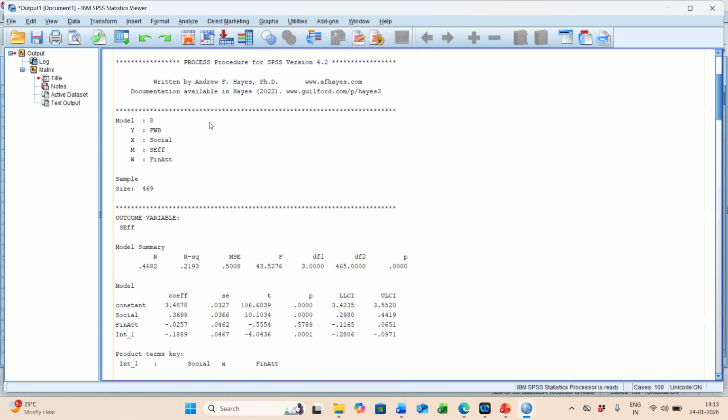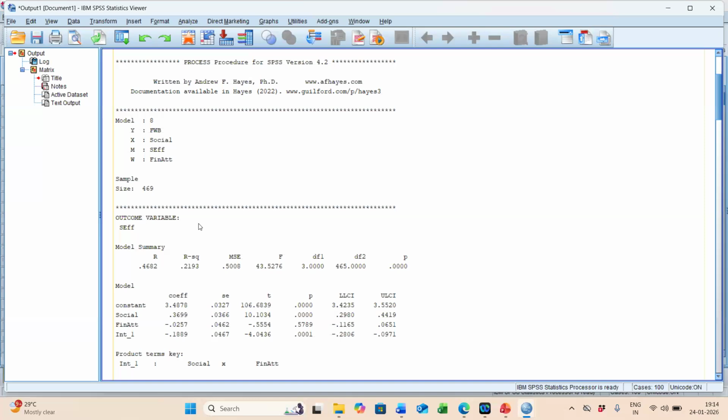Model number 8, Y is financial well-being, X is socialization, M is financial self-efficacy, and the moderator is financial attitude. If you are doing analysis for your thesis or for your article, you can consider the entire analysis as different subparts.